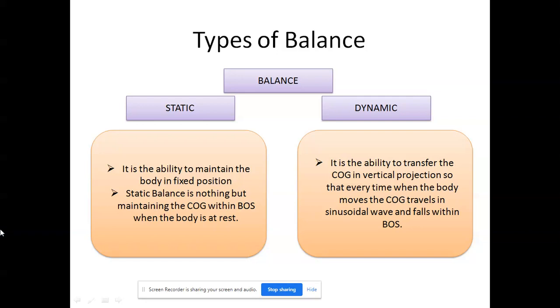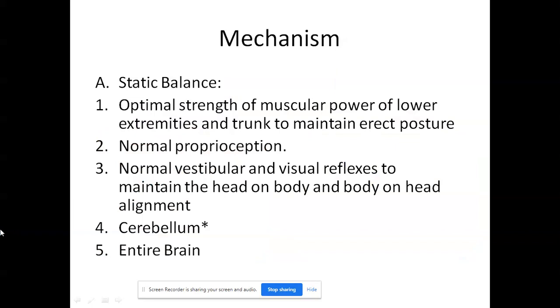So if the COG is moving in a sinusoidal curve when you walk, be it a positive peak or a negative peak, the COG is definitely traveling in a vertical projection way. Hence, whether the travel is positive or negative, it is a vertical projection in the sinusoidal wave. Every time you walk, the COG must fall within the BOS, or else it cannot be termed dynamic balance.